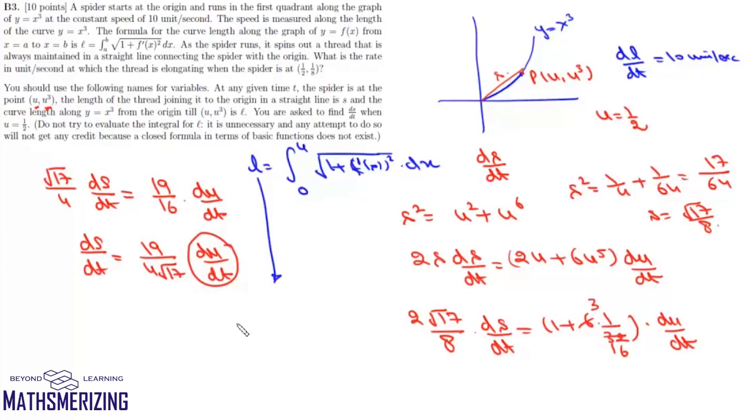We can write dl upon dt as under root of 1 plus f dash u square into du by dt. Now it is given in the question that dl upon dt is 10, and this is under root of 1 plus. Now what is f dash u? f of u is u cube, f dash u is 3u square.